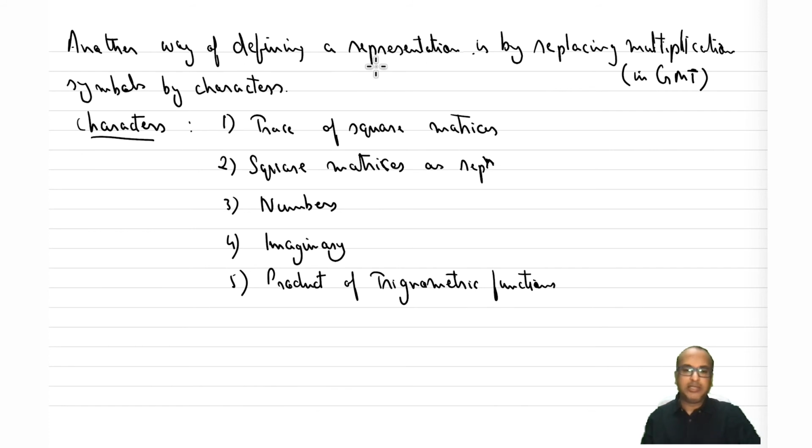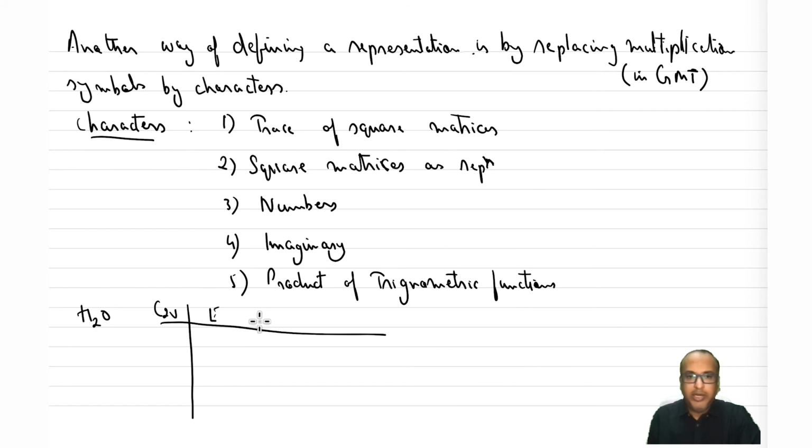So why are we discussing this? Let us again take the example of water. Under the C2V point group, we had E, C2, sigma V1, sigma V2. Now one of the representations we have seen used the XYZ basis, where we got a 3x3 matrix and wrote that matrix as the representation. Now I am saying that I can choose numbers also, as long as those numbers follow the rules of GMT. So what do I mean by follow the rules of GMT?